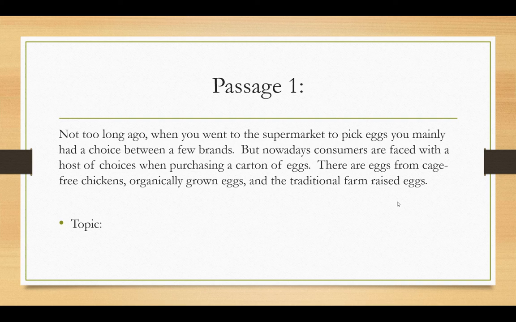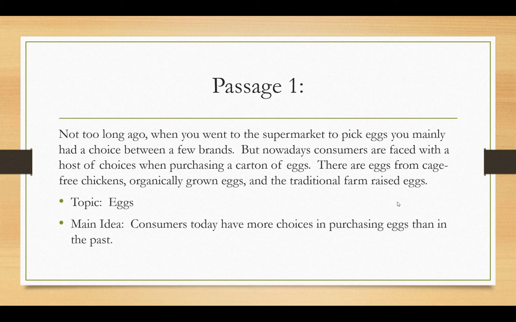So, in looking at this passage, the main topic that I recognize is that we are talking about eggs. But then as we look at it, what is the main idea that is being conveyed? Well, we see that they're talking about going to the supermarket, what they used to buy, what they can buy now.